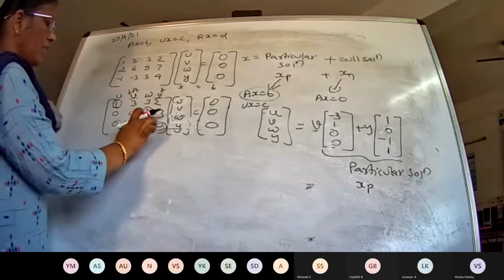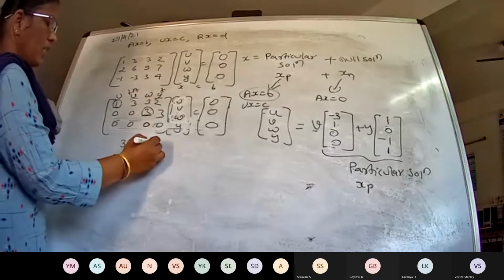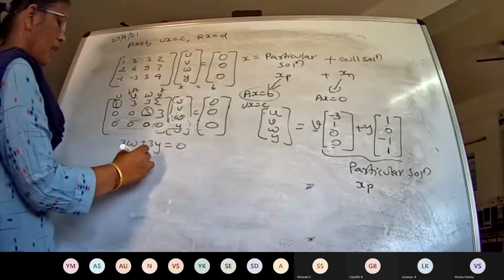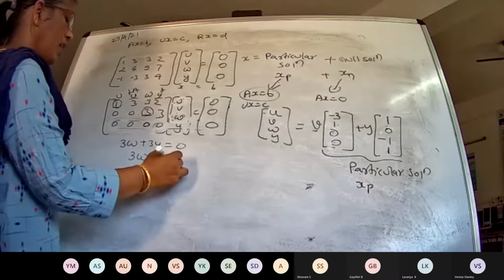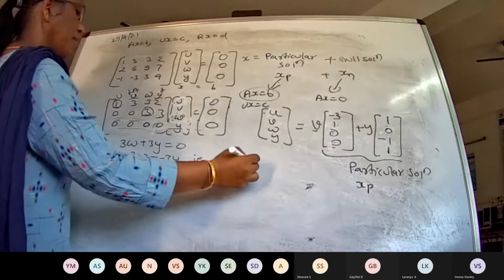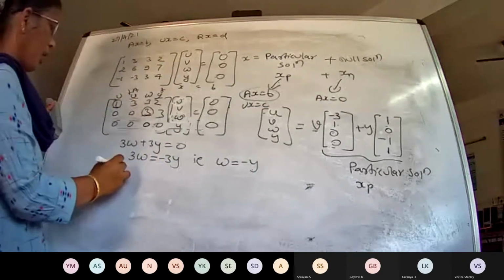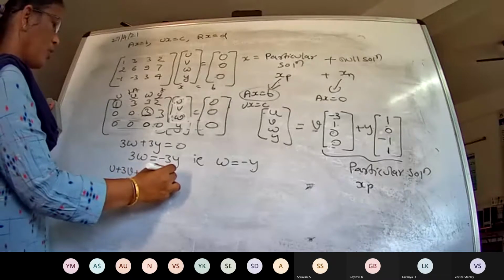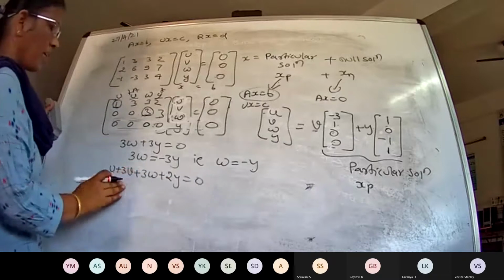So now solve this, what will we be getting? First, the last row leave as it is, and the previous row: 3W plus 3Y equals 0. So 3W equals minus 3Y, that is W equals minus Y. Another equation I will be getting is U plus 3V plus 3W plus 2Y equals 0.